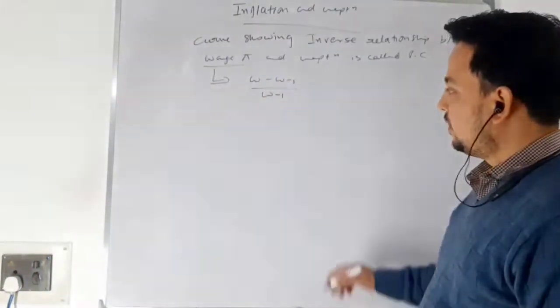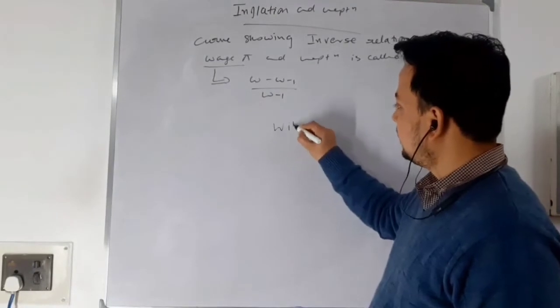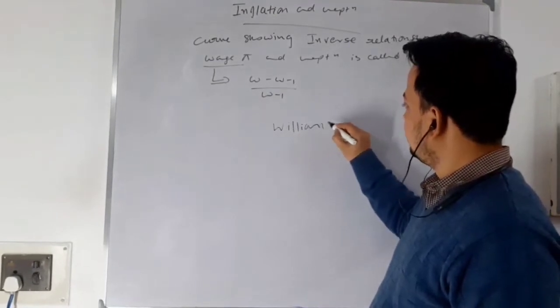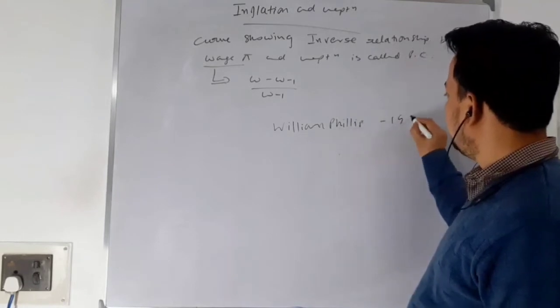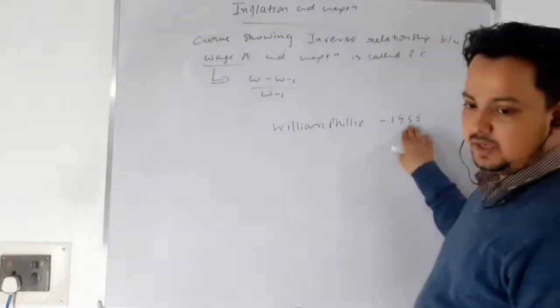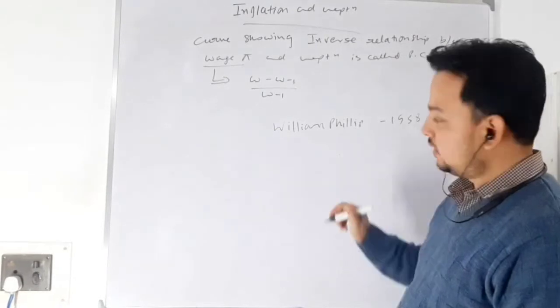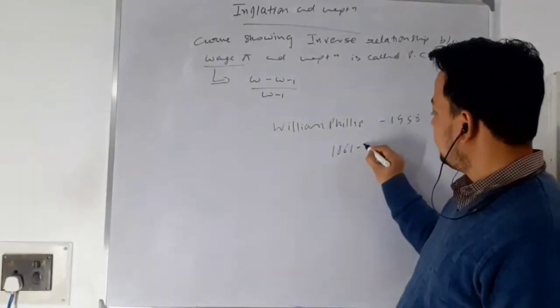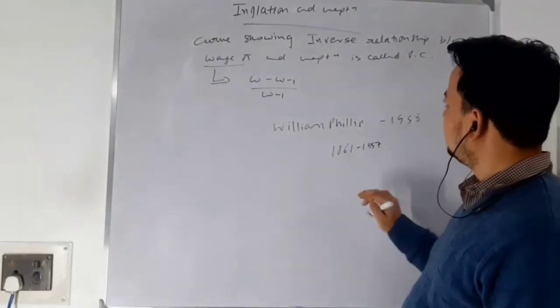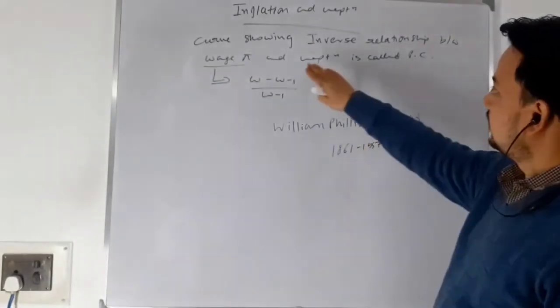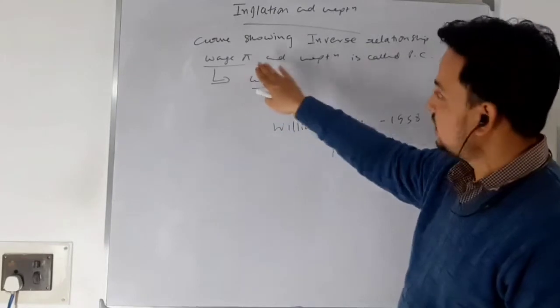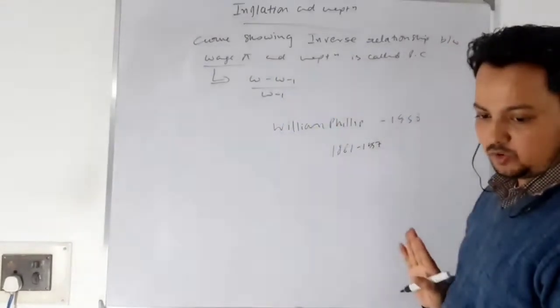It is called the Phillips curve because this study was done by William Phillips. He published a paper in 1958 in which he looked at UK economy data from 1861 to 1957. In this period he looked at money wage inflation and the unemployment rate in the UK economy.